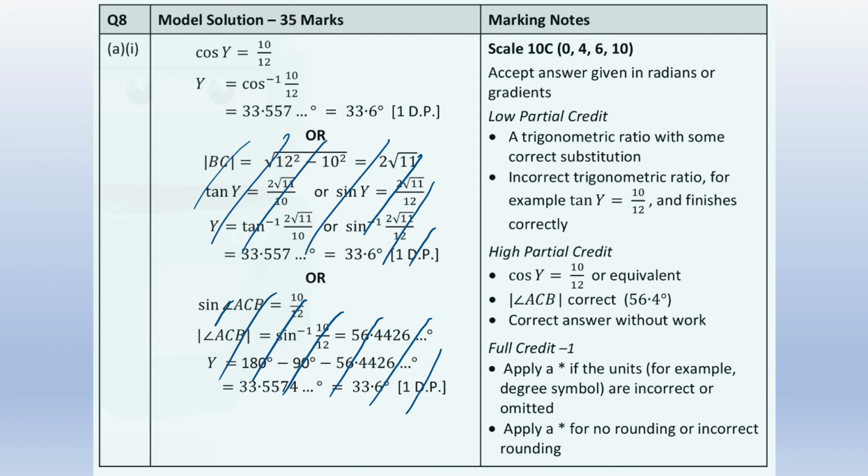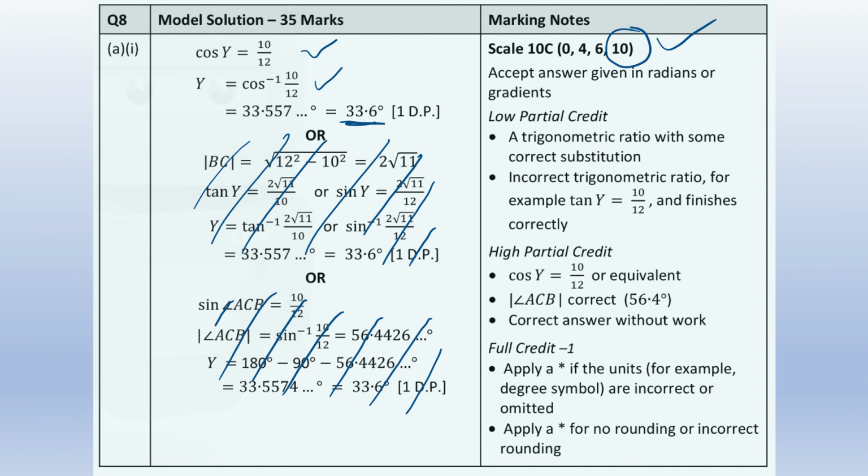The way that we've done there is the quickest way of doing it, and the other 2 are quite complicated by comparison. So we got cos y is equal to 10 over 12. Then we got y is equal to cos inverse 10 over 12. So we got those 2. And then we got our 33.6 degrees. So that gives us our 10 marks.